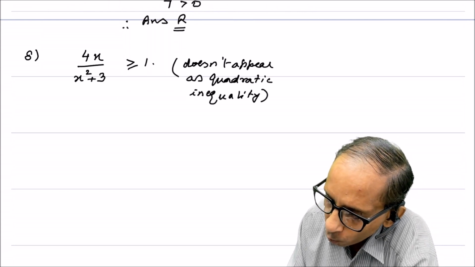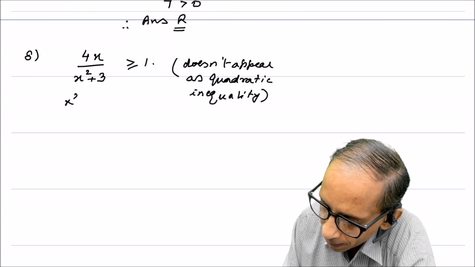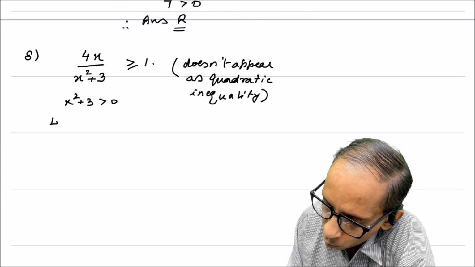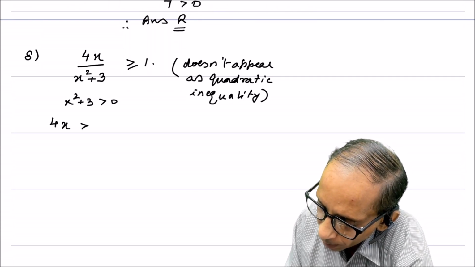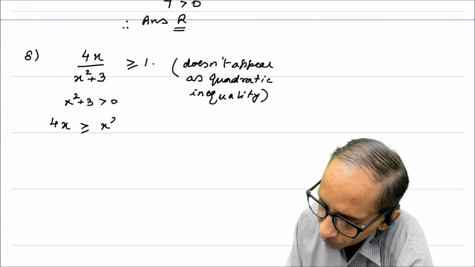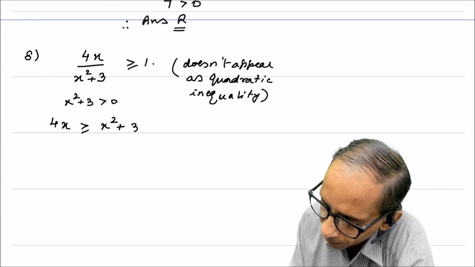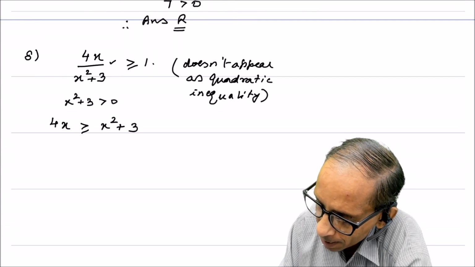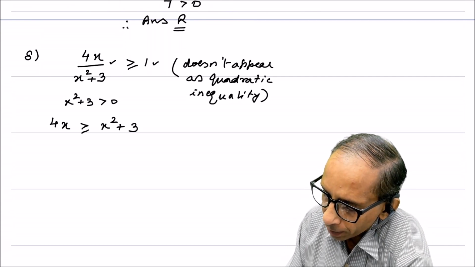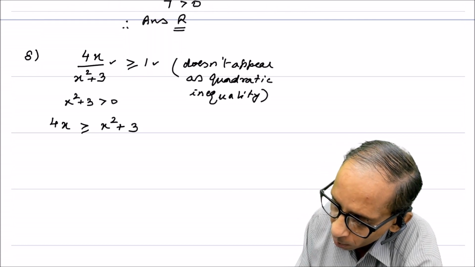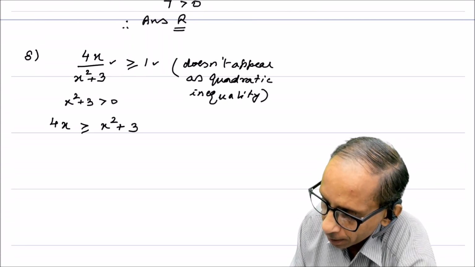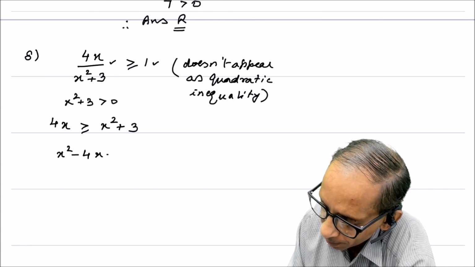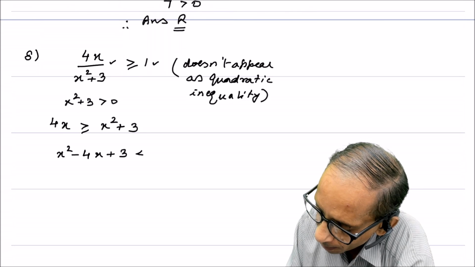But what we notice is that this x square plus 3 is always a positive quantity. So we can take this x square plus 3 to the other side of the inequality without affecting the inequality. Or to say, if you are multiplying both sides by x square plus 3, a positive number, then the inequality will not change. So the question becomes x square minus 4x plus 3 less than or equal to 0.